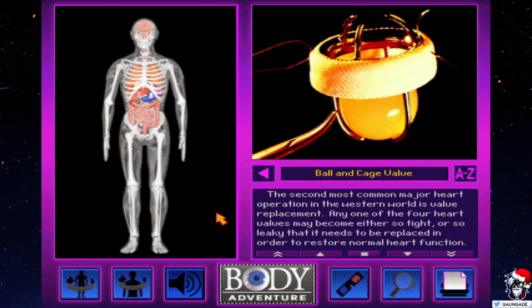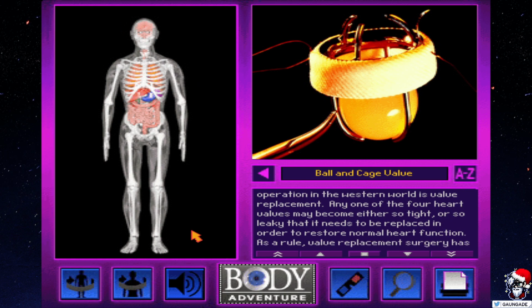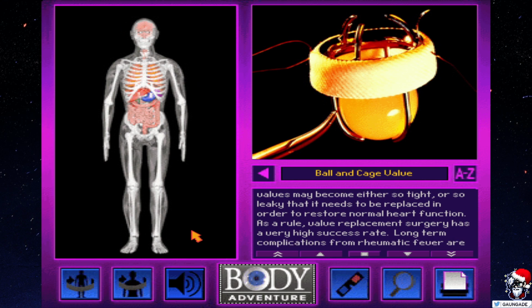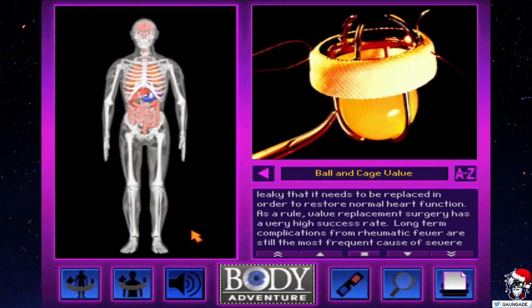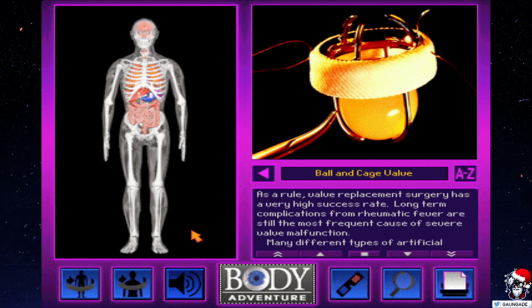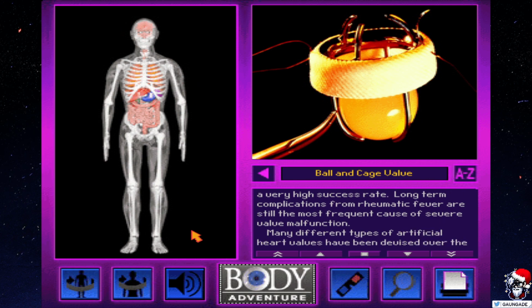Ball and cage valve. The second most common major heart operation in the Western world is valve replacement. Any one of the 4 heart valves may become either so tight or so leaky that it needs to be replaced in order to restore normal heart function. As a rule, valve replacement surgery has a very high success rate. Long-term complications from rheumatic fever are still the most frequent cause of severe valve malfunction.